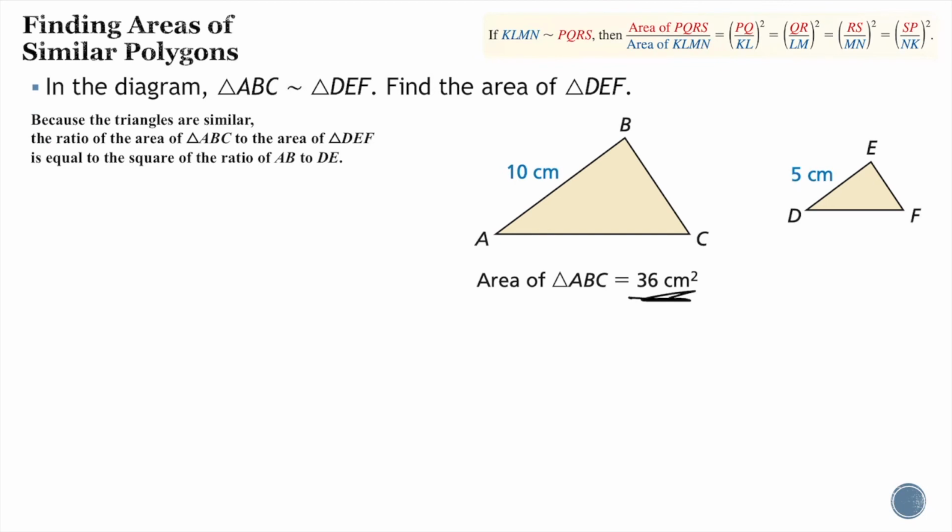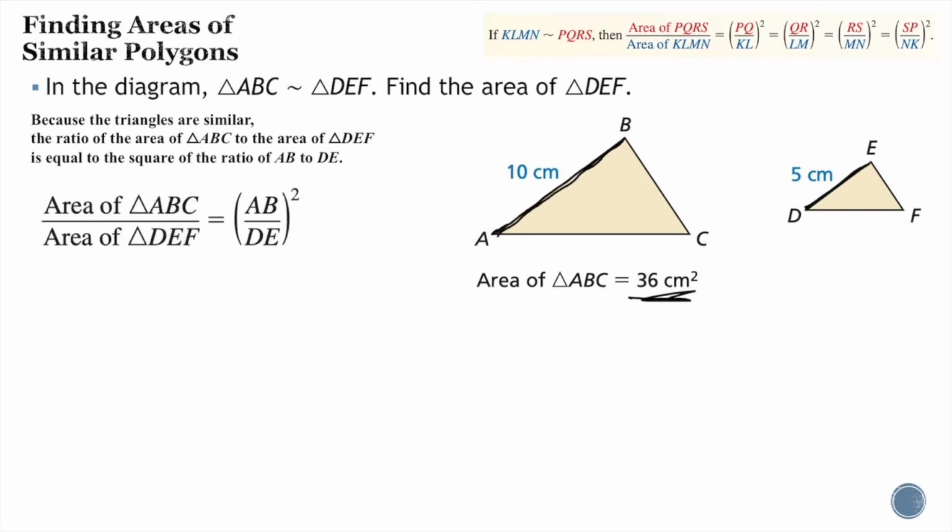Because the two triangles are similar, the ratio of the area of ABC to the area of DEF is equal to the square of the ratio of AB to DE. We're using AB and DE because that is the only information that we're given. So again, the area of triangle ABC divided by the area of triangle DEF is equal to AB over DE, squared. We're going to substitute the values and solve for the area.